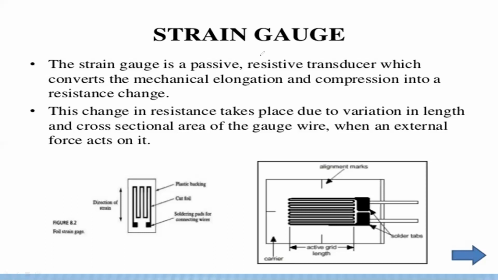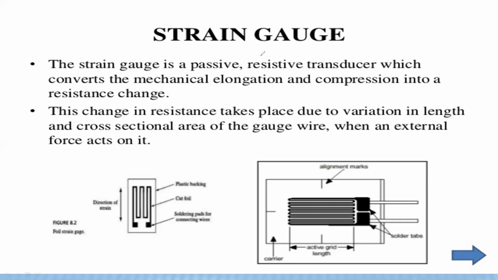The change in resistance takes place due to the variation in length. The length of the strain gauge is varied because it is an elongated material. So whenever we apply forces on that area, it should be compressed or elongated, and the length of the strain gauge should be varied.